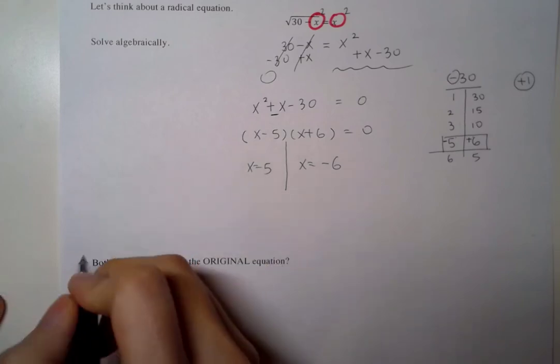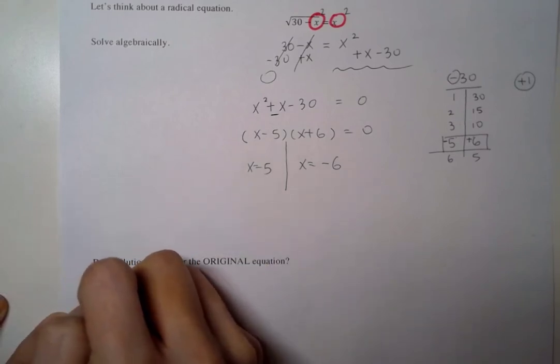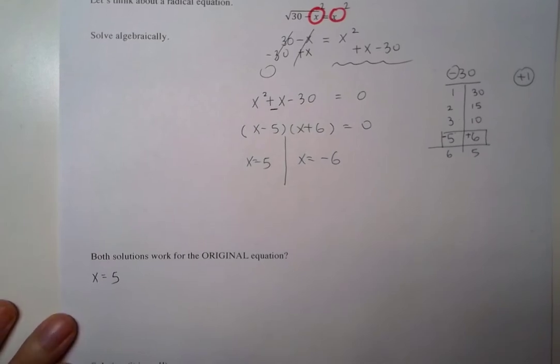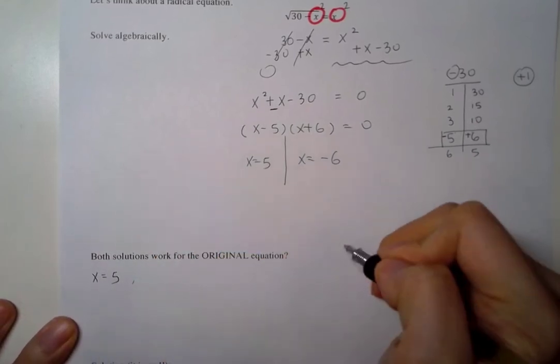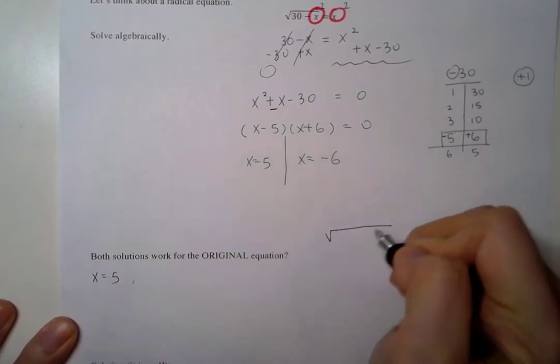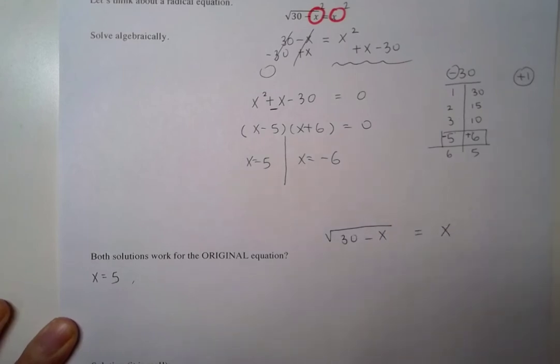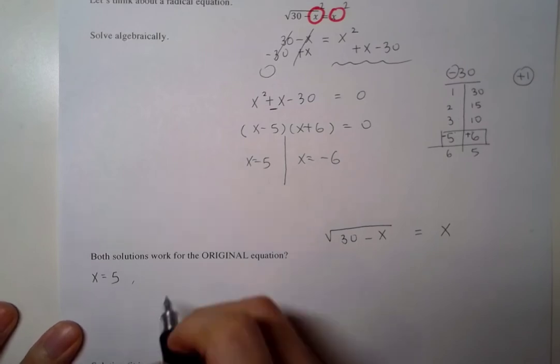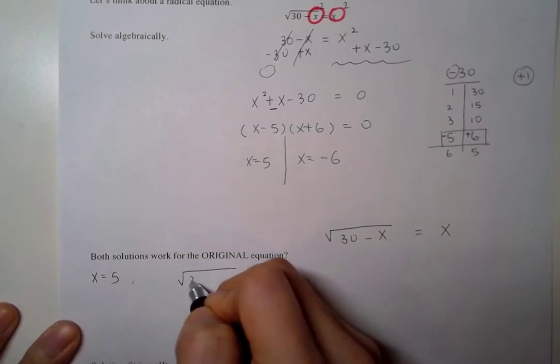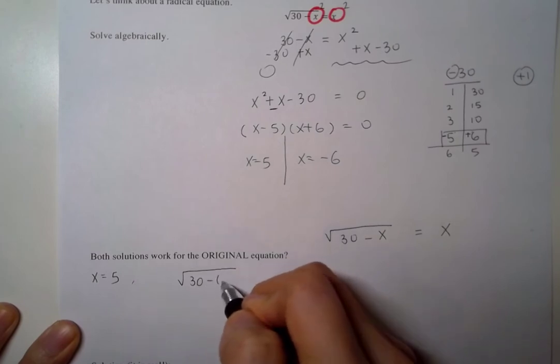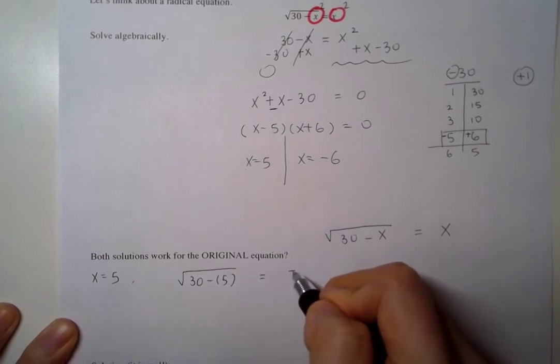So let me check 5 first. If x is equal to 5, then my original equation is square root of 30 minus x equals x, right? That's my original. So you just put 5 into x. Square root of 30 minus 5 equals 5.